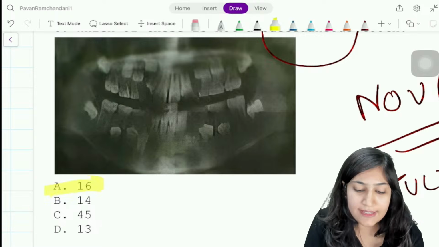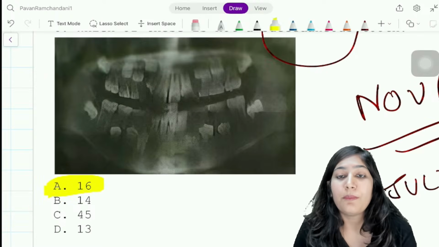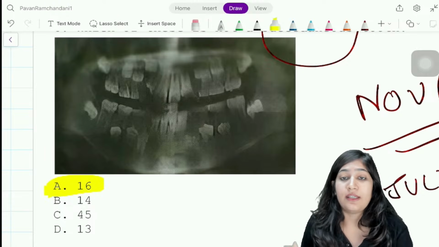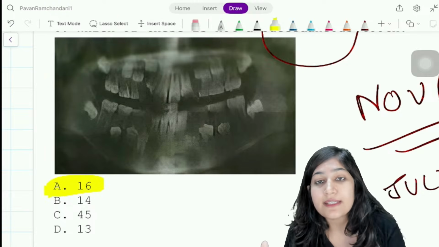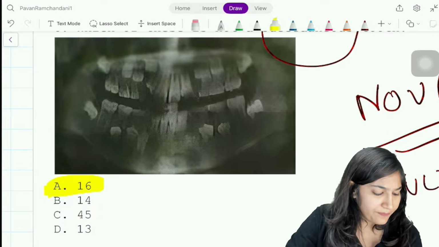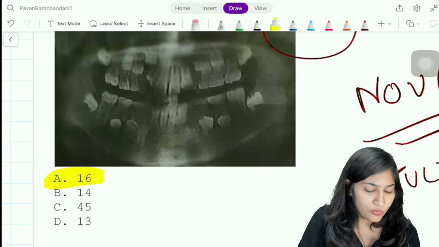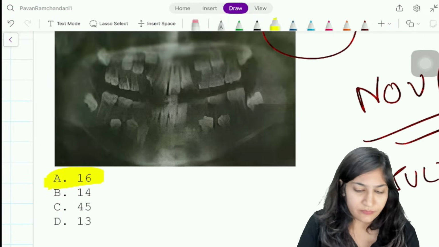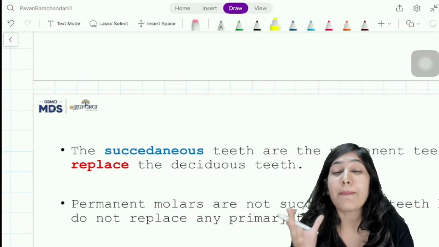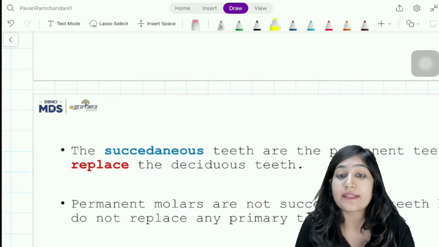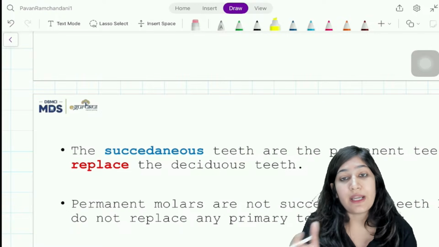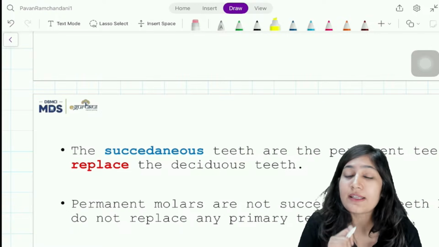1-6 is definitely our molar. So molars are mainly non-succedaneous teeth. For this, you should know what are succedaneous teeth and what are non-succedaneous teeth. Succedaneous teeth are mainly the teeth which replace the primary teeth. Primary incisors are replaced by permanent incisors, so they are succedaneous teeth.